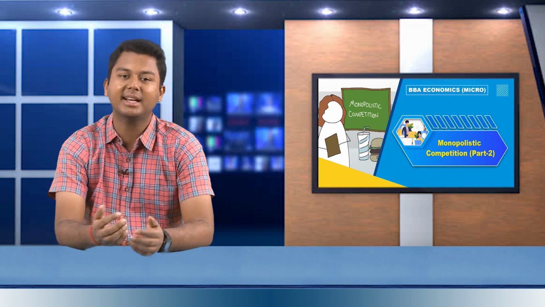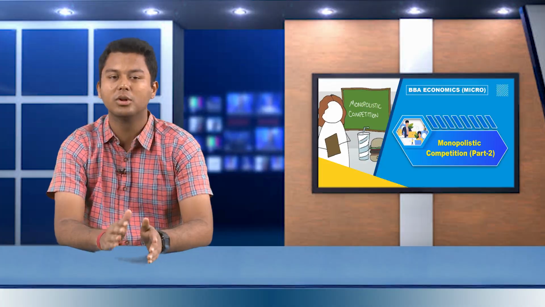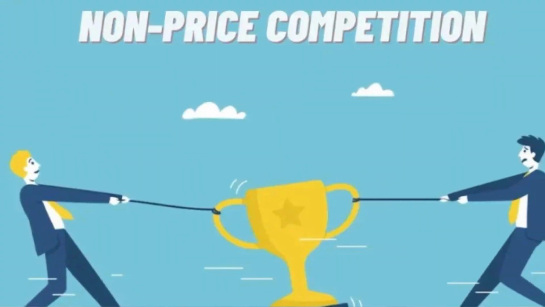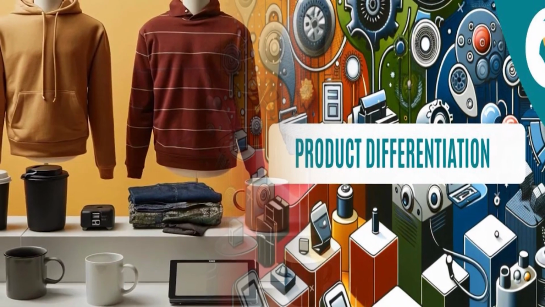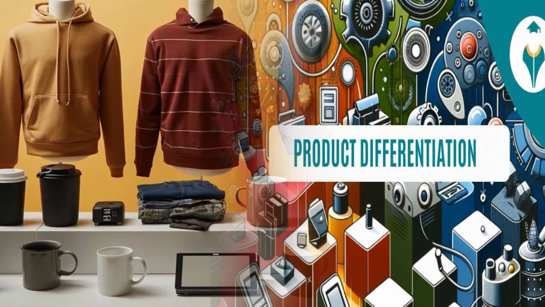However, the market may exhibit dynamic efficiency over time through product innovation and non-price competition. The welfare implications include deadweight loss and underutilization, but customers do benefit from increased variety and differentiation in products.